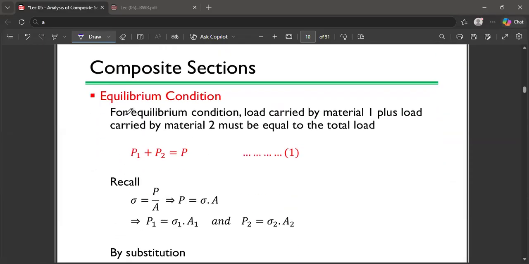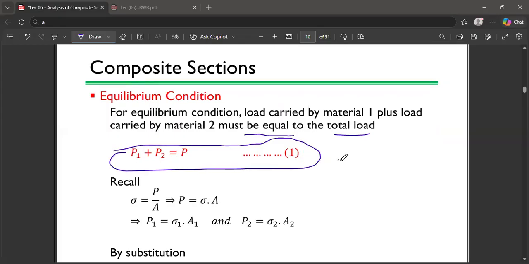For the equilibrium condition, the load carried by material 1 plus the load carried by material 2 must be equal to the total load. That is, P1 plus P2 should always be equal to P. You can keep this equation somewhere. You all know that stress is equal to load over area.